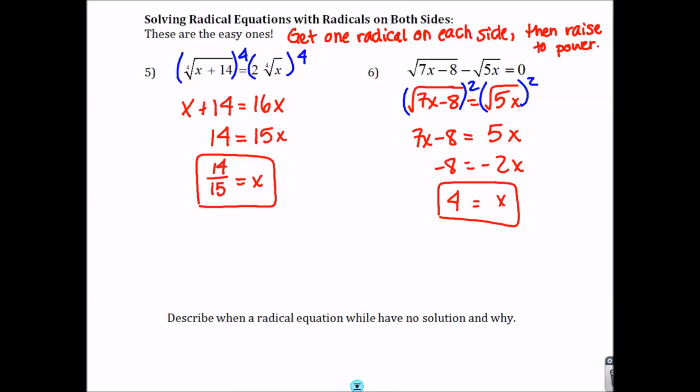So this question here asks you to describe when a radical equation will have no solution and why. Well, if you think back to when we looked at our function families, a cube root function has a domain and a range of all real numbers. A square root function does not.